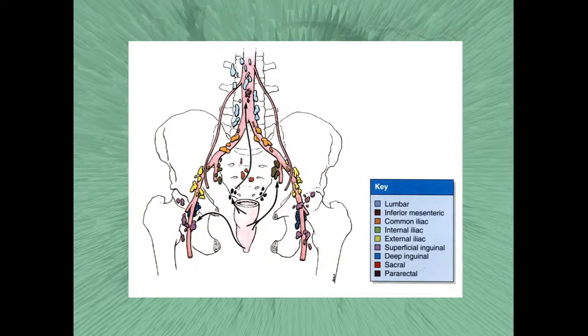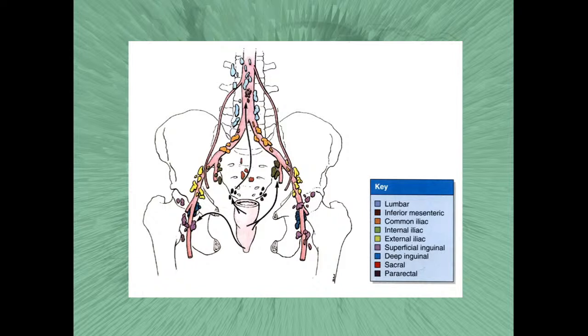From the ampulla or pelvic part of the rectum, lymph drains into the presacral lymph nodes, then also to the superior rectal lymph nodes, then middle rectal lymph nodes, then to the internal iliac lymphatic nodes, and then to the common iliac lymph nodes, to the lumbar trunk, and to the thoracic duct.